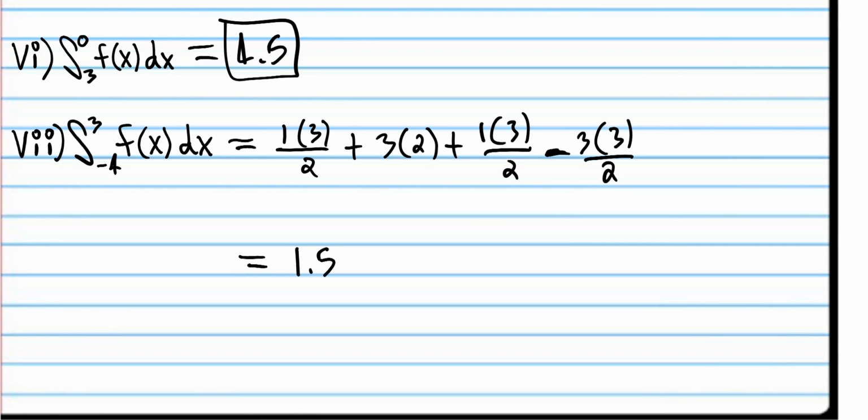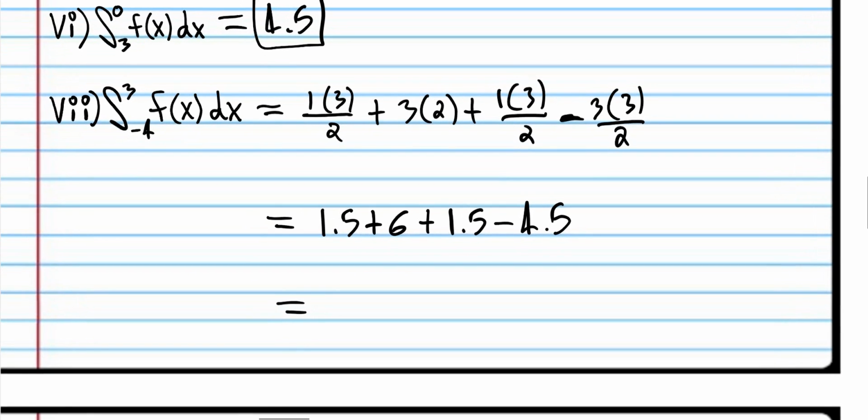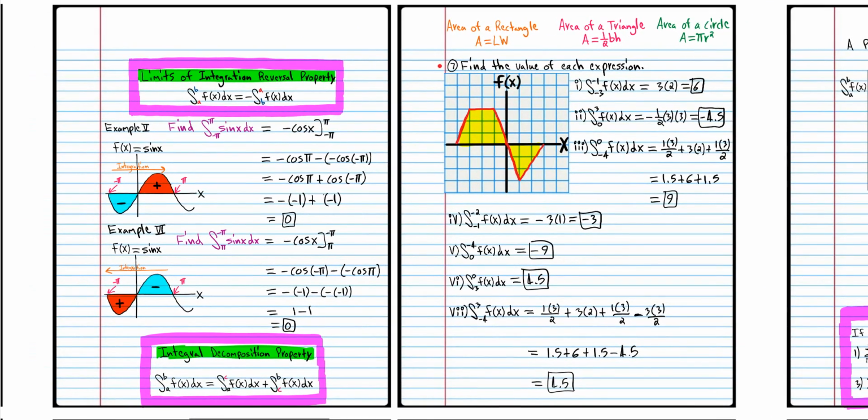So we have 1.5 plus 6 plus 1.5 minus 4.5. And so it looks like we get 4.5. Alright, so we're demonstrating this property here, the limits of integration reversal property, but also we're demonstrating the integral decomposition property.